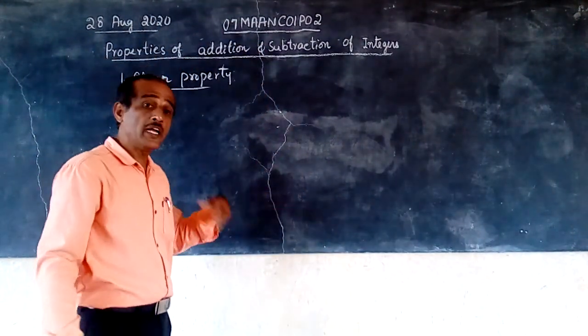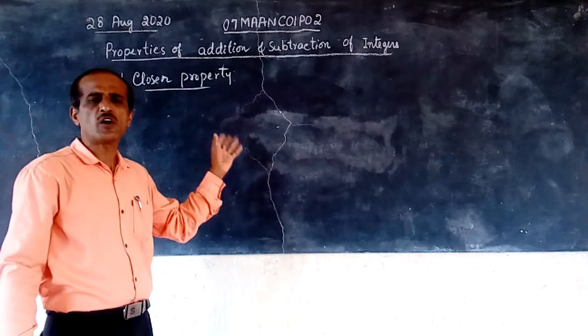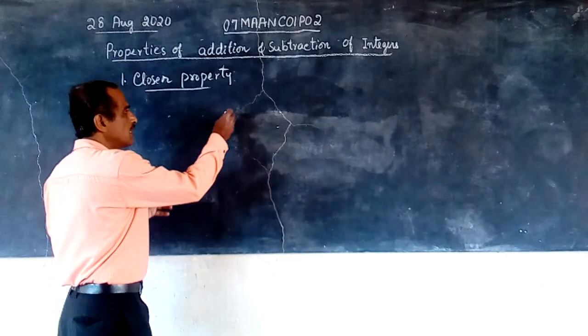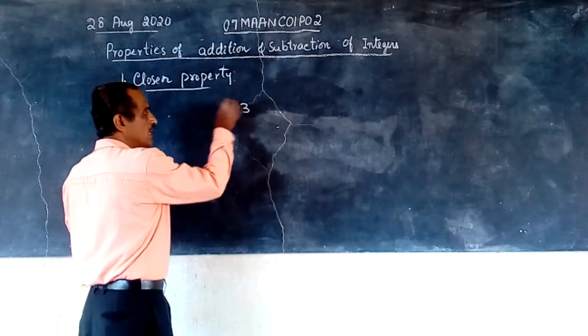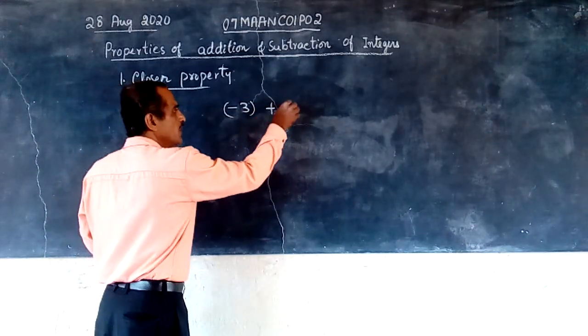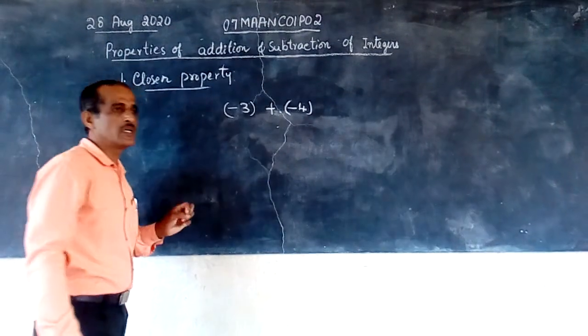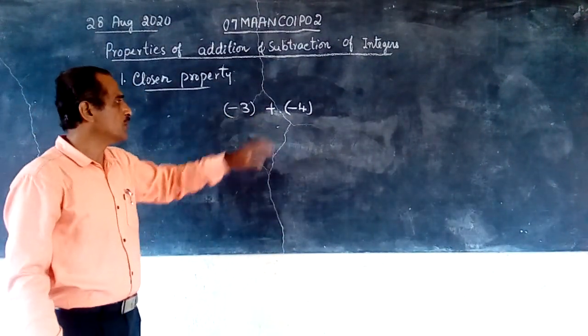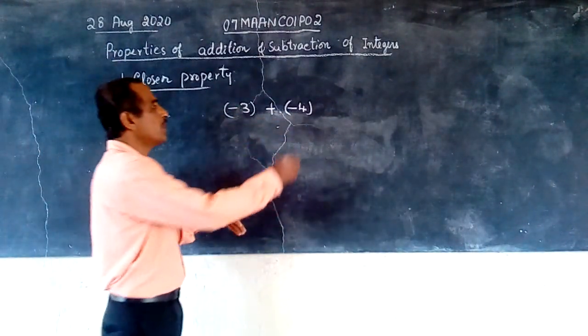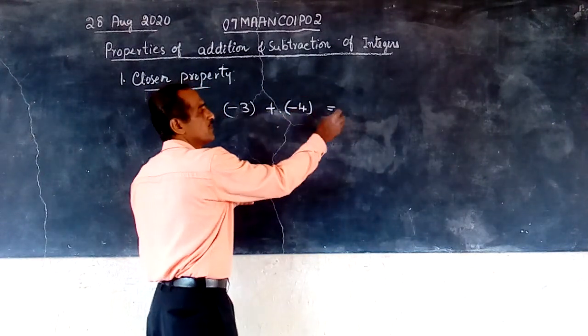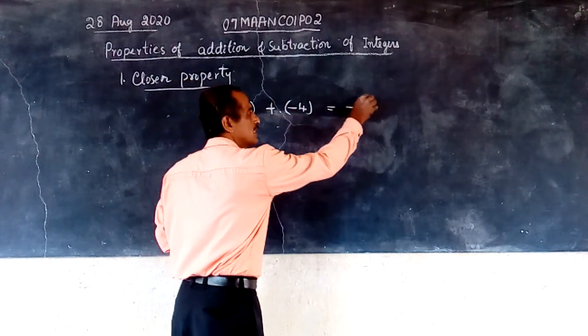If you add any two integers, it may be positive, negative, or whatever it may be. Let us take two integers, say minus 3 plus minus 4. Minus 3 plus minus 4 is equal to minus 7.